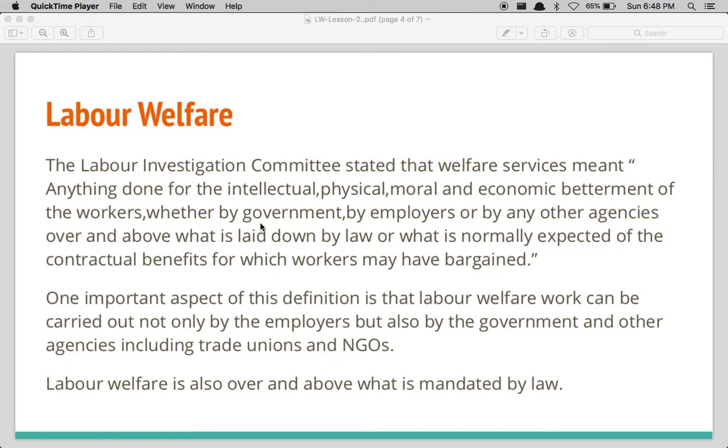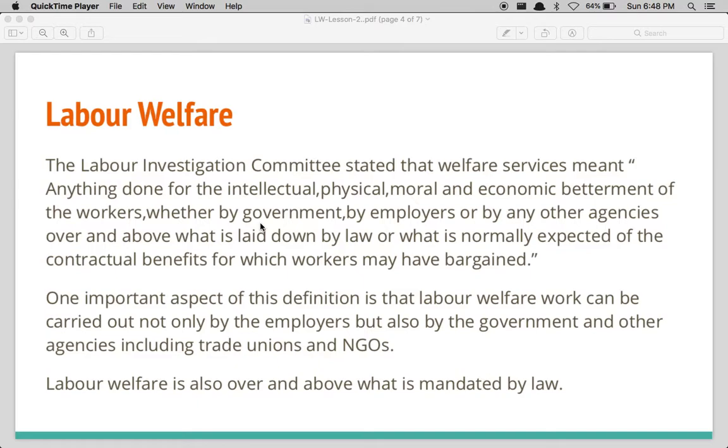The Labor Investigation Committee, which was from the pre-independence time, stated that welfare services meant anything done for the intellectual, physical, moral, and economic betterment of the workers, whether by the government, by the employers, or by any other agencies, over and above what is laid down by law, or what is normally expected of the contractual benefits for which workers may have bargained.